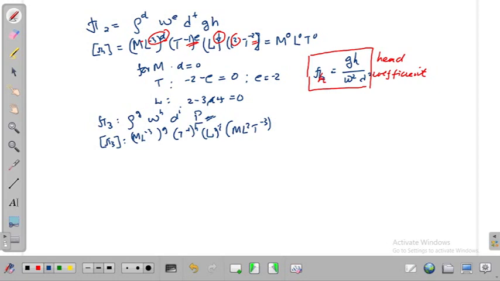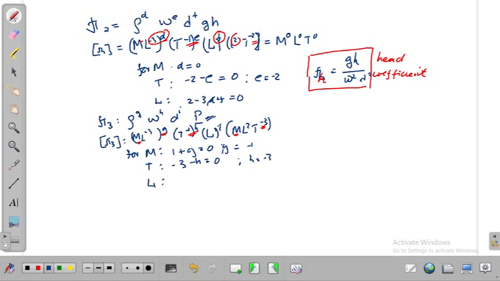Here again we analyze for each of our basic primary dimensions. So for m we'll have m there, g, and we also have m there, which is at power 1. So for m we'll say that 1 plus g is equals to 0, so g is equals to -1. For t, when we look at t, we get that we have -h there, and we have -3 there. So for t we have -3 minus h is equals to 0, from which we have h is equals to -3.